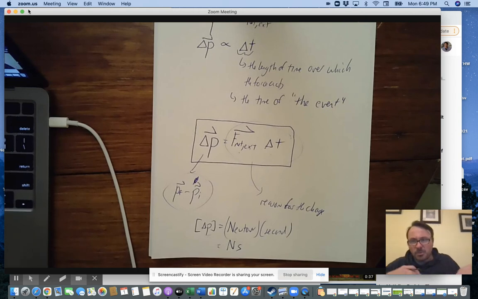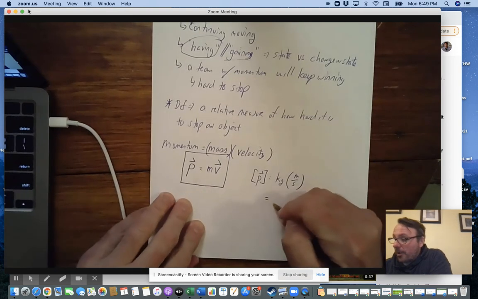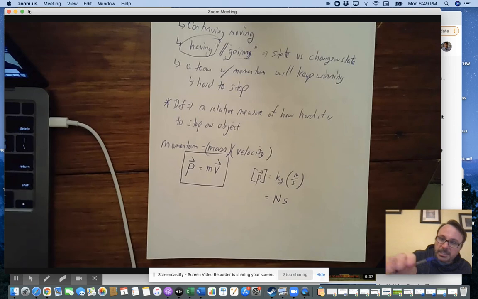Because delta P is just P final minus P initial. That must mean a Newton second, going back to the very first thing that we talked about, or was that the first page? Yes, it was. That P has also units of Newton second. A lot of people want to say newtons per second. Wrong, wrong, wrong. Newton second, just right through.